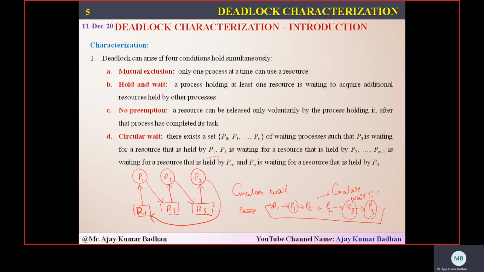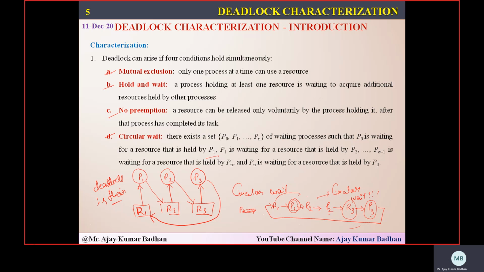And P3 is waiting for a resource which is held by P1 again. So this kind of scenario is what we call circular wait. And remember, wherever all these four conditions are existing or satisfied, definitely there is a deadlock in that particular scenario.